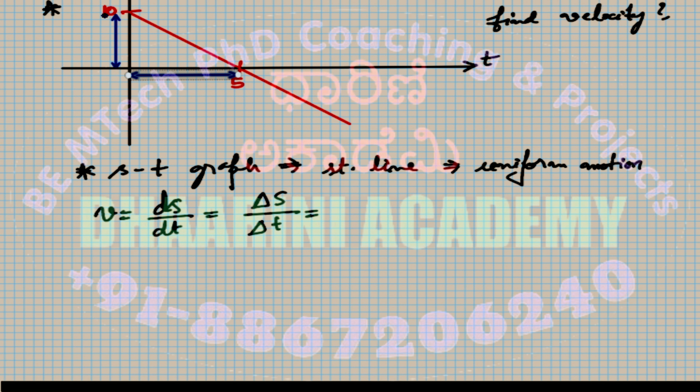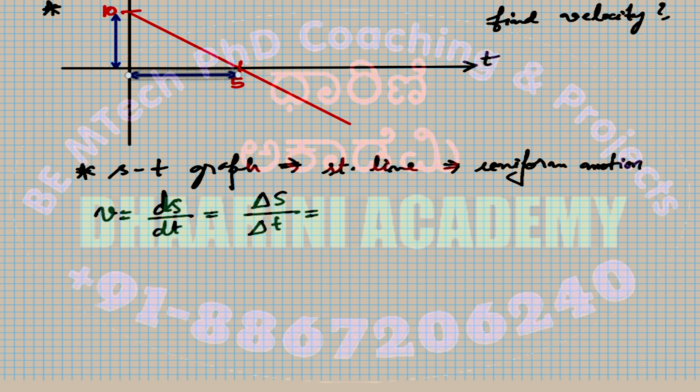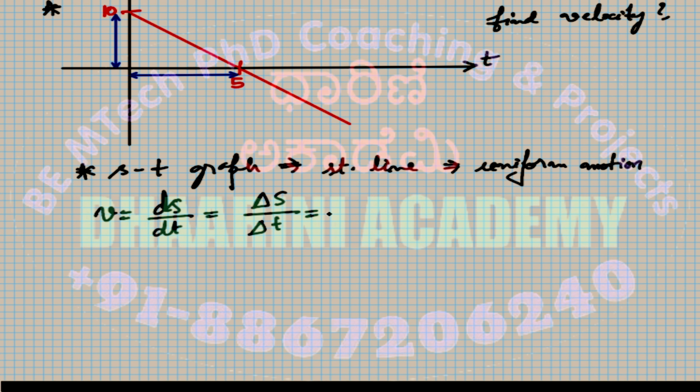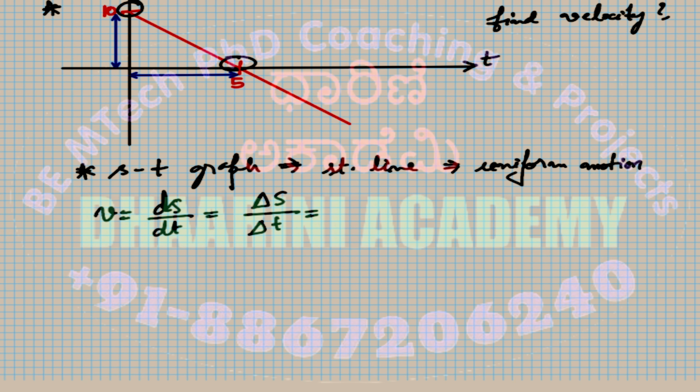So the final value minus initial value is the change. I can write it in this particular fashion. Change in s value I want to see. Initially it is 10, and at 5 it becomes 0. So the final value is 0, initial value is 10.